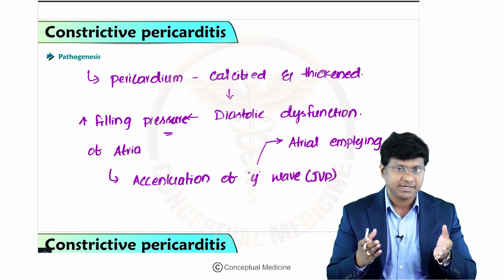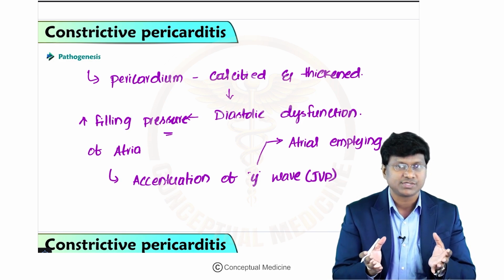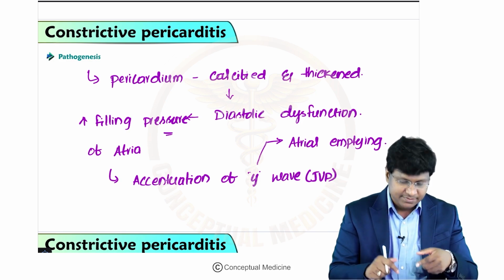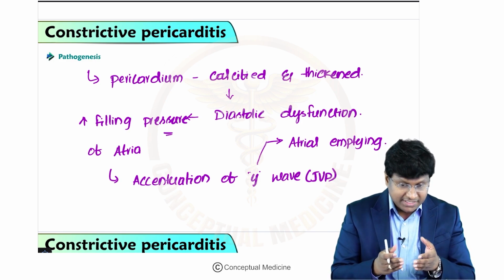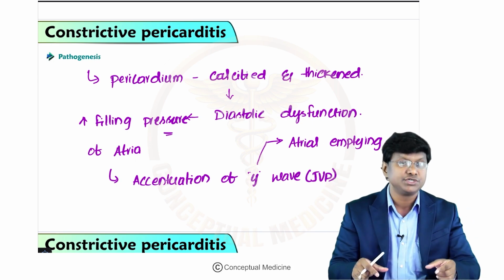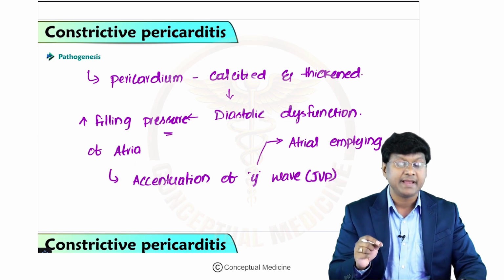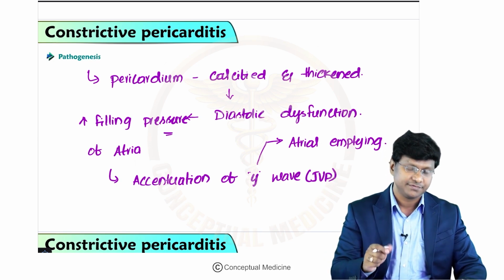Because the atrial pressures are very high. Why are the atrial pressures very high? Because the ventricle is unable to relax. Why is the ventricle unable to relax? Because the pericardium is thickened. So once these AV valves open, the blood from the atria will gush into the ventricle, and thereby you will have the deep, accentuated Y wave.